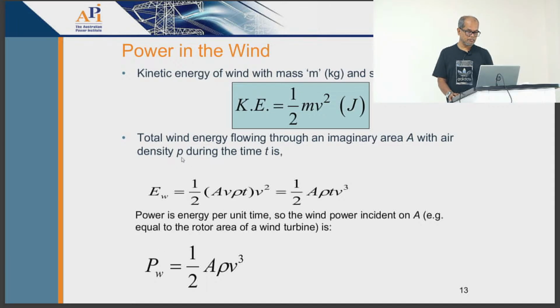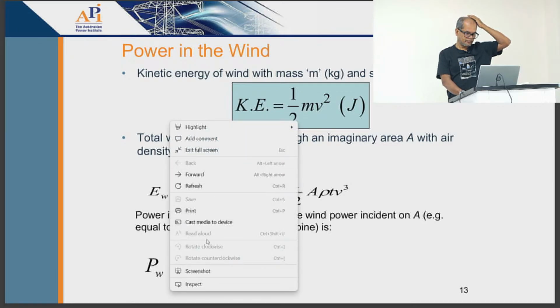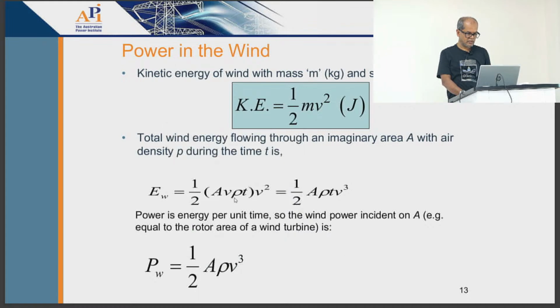So this is the area that you're going to capture the wind for the turbine. If you consider that area A, where the air density rho has a fixed value, and then you convert mass in terms of volume, then you're going to get this equation.